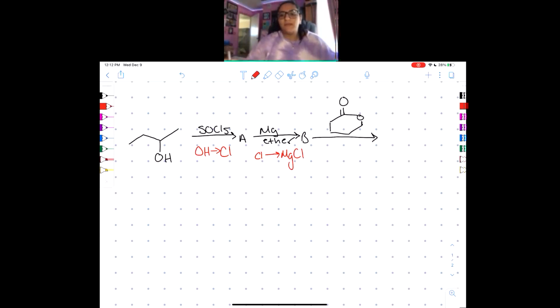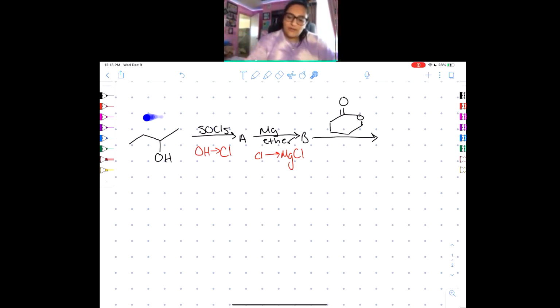And so that means we made what now? If we have MgCl or MgBr or anything like that, what reagent have we made? The Grignard reagent. Awesome. The reason I show it to you like this is because it's a lot quicker when you're on the exam instead of drawing out every single step.